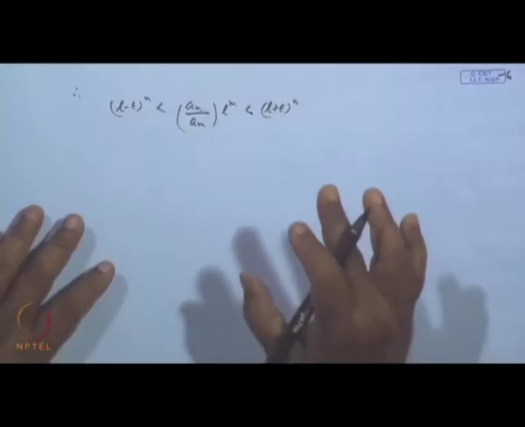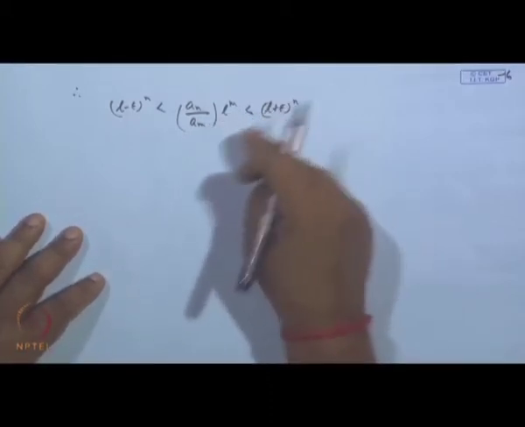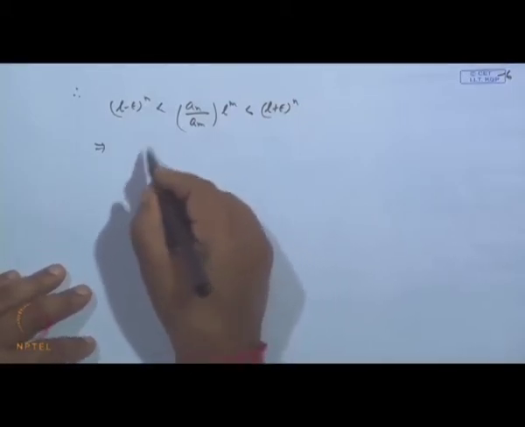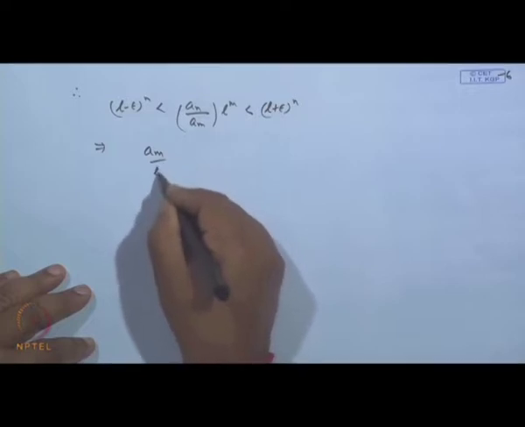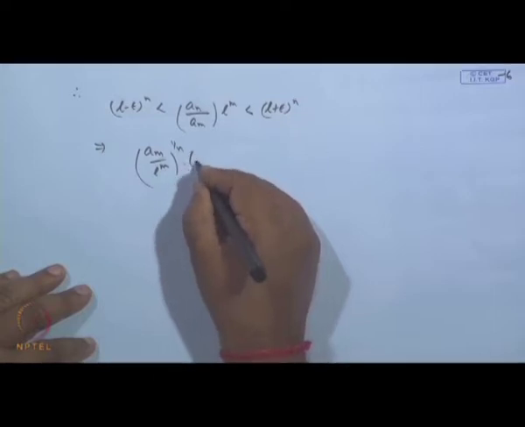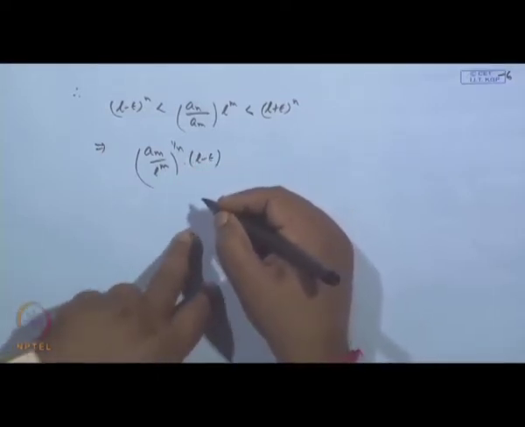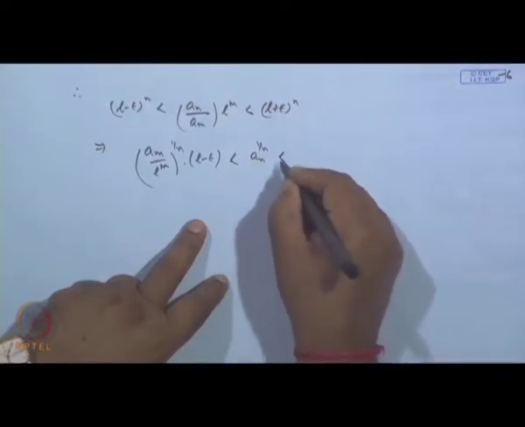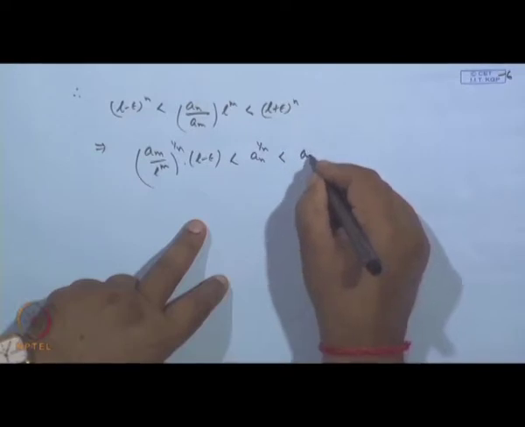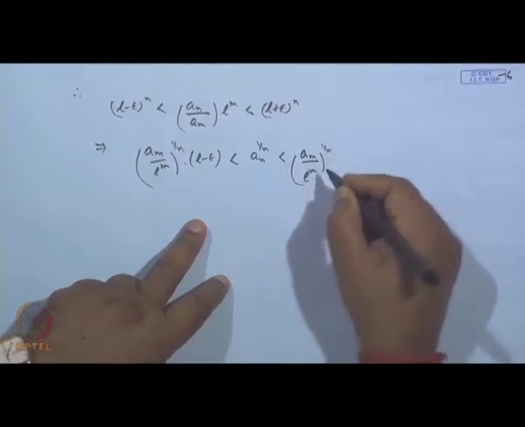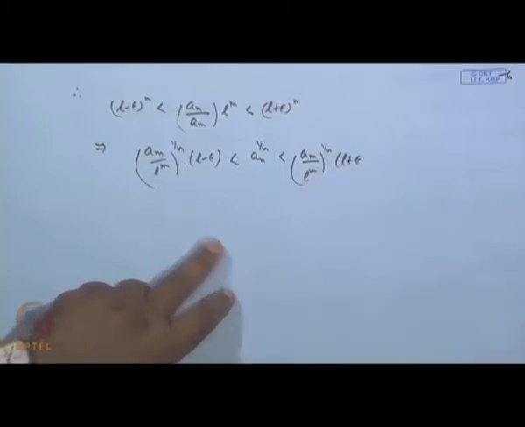Now take this term here. We get (L minus epsilon) times (a m over L to the power m) raised to the power 1 by n, which is less than a n to the power 1 by n, which is less than (a m over L to the power m) raised to the power 1 by n times (L plus epsilon). Let it be 1.